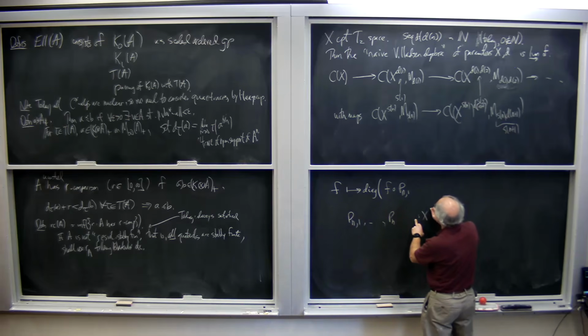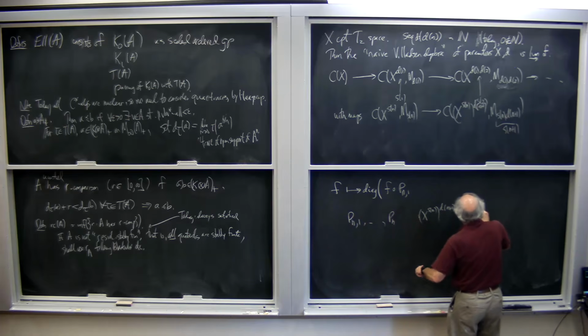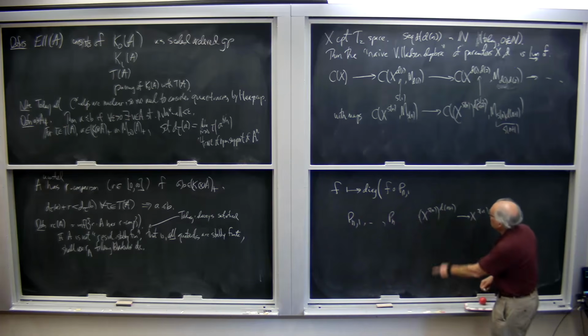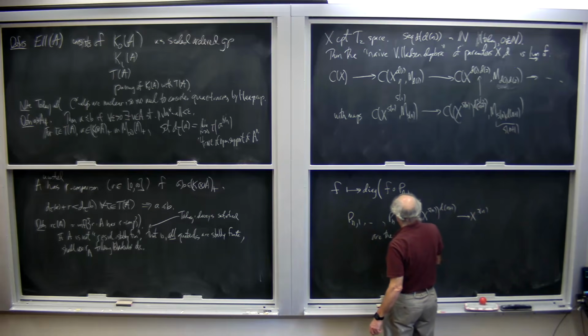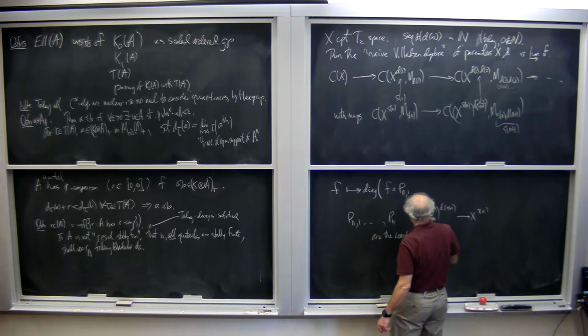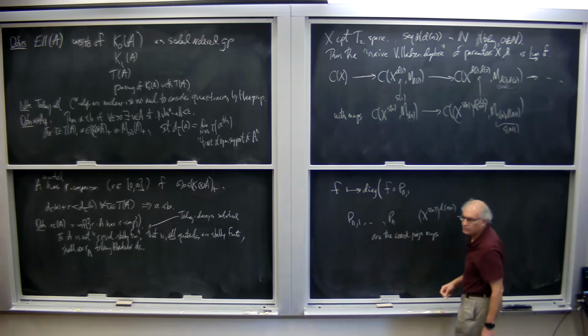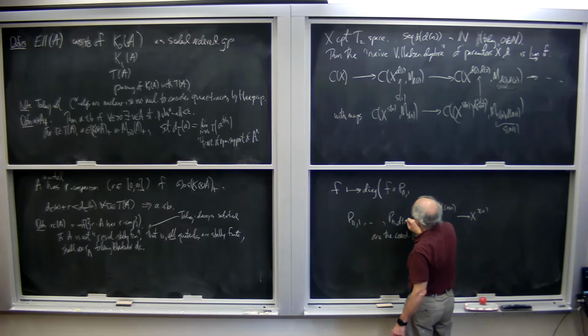So these are from X to the S of n to the D of n plus 1, just to X to the S of n. So at least the maps of the spaces, the right way, are the coordinate projection maps. And now you can see I have to have D of n plus 1 of them here.